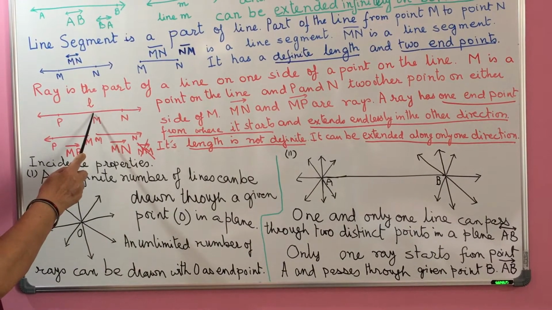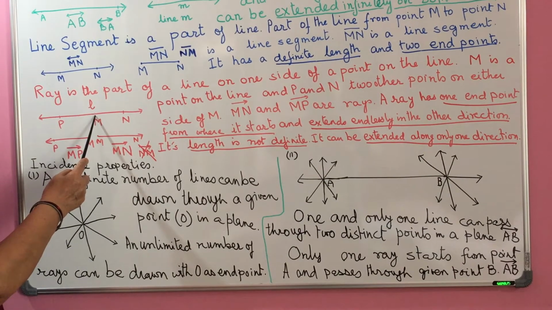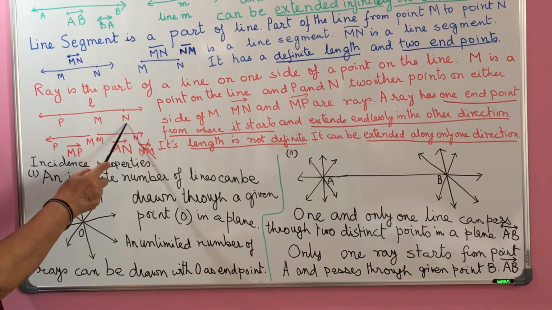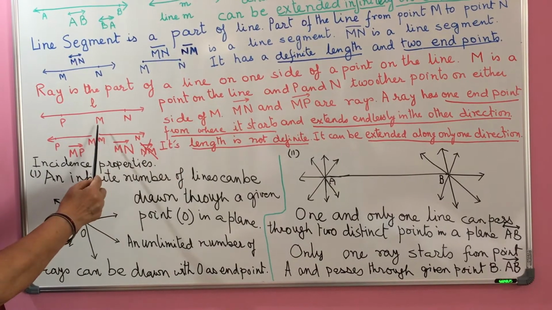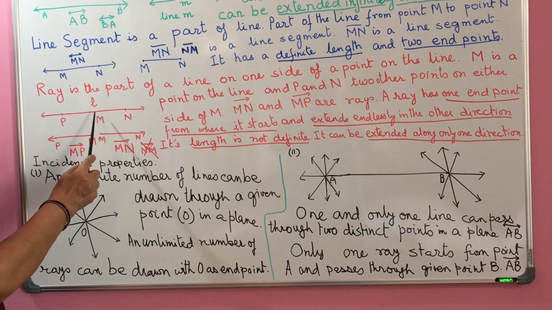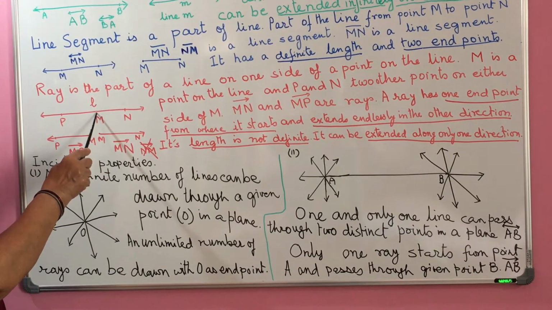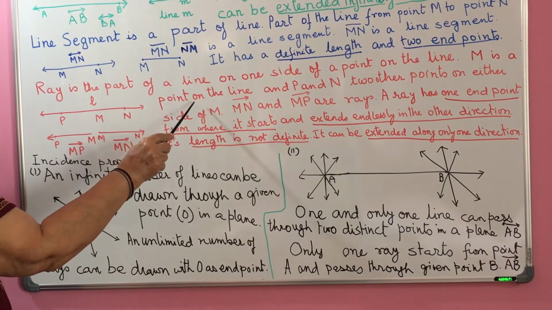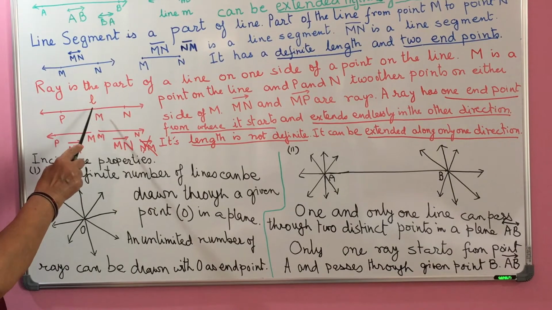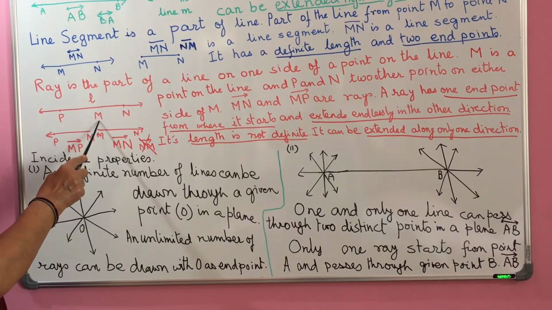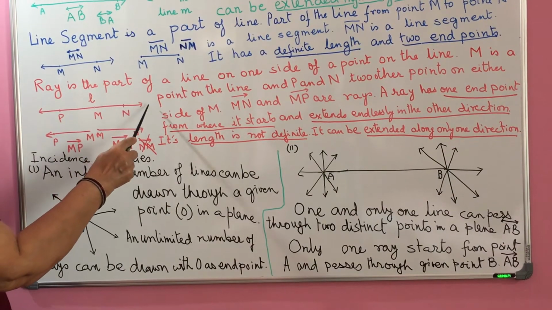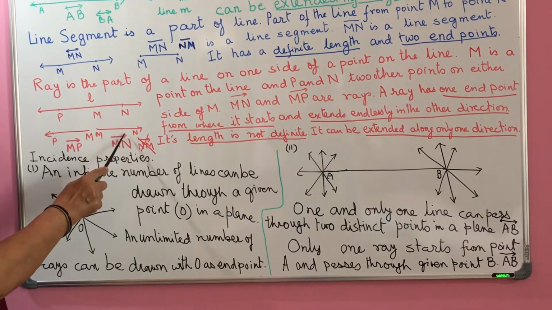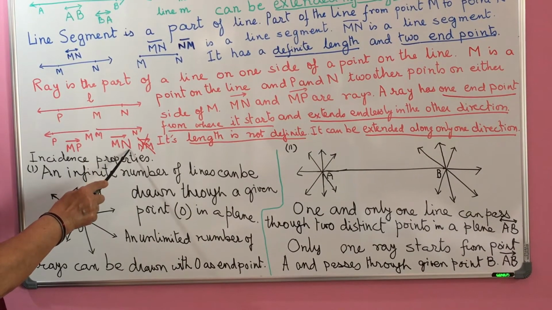I choose a point M on the line L and I also mark a point N on the right hand side of the point M. Now this is starting from the point M and can be produced endlessly along N. So this is a ray starting at the endpoint M and being produced along the direction N. We write it as MN with a single arrow pointing towards N.